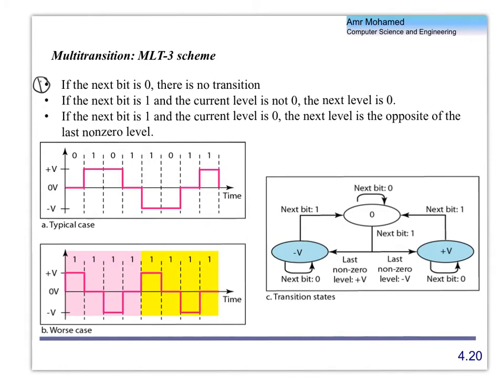Then we ask ourselves, the next bit is 1, and we are at 0. Then we have to look at the previous non-zero voltage level. It's positive, so we have to go negative. Then we are at a non-zero voltage level, and the next bit is 1, so we go to 0. Right? So we keep doing that.